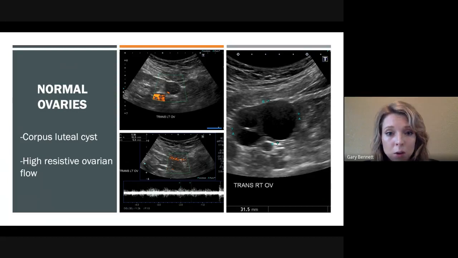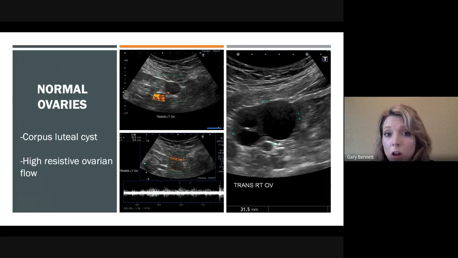So when we're evaluating the ovaries, we can see the corpus luteal cyst. That's probably what this is right here on this transverse right ovary picture on the right. It's just going to be that hormone cyst that grows with pregnancy. Generally, they're gone around 15 weeks or so.